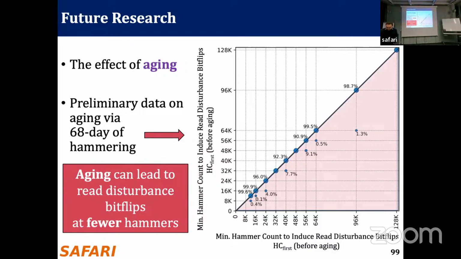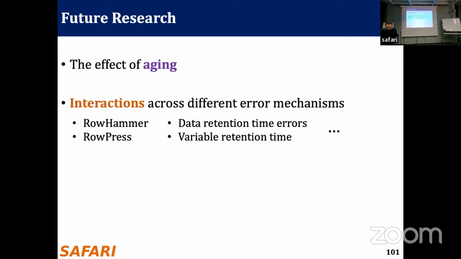Okay, I'll move on. So another future research that will be interesting for RowHammer characterization is to understand interactions across different DRAM error mechanisms. So we know RowHammer since 2014. We recently learned about RowPress, but there are also other error mechanisms that take place in DRAM chips.